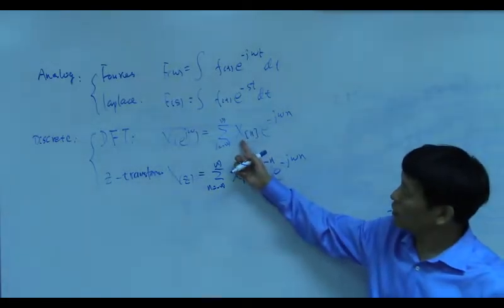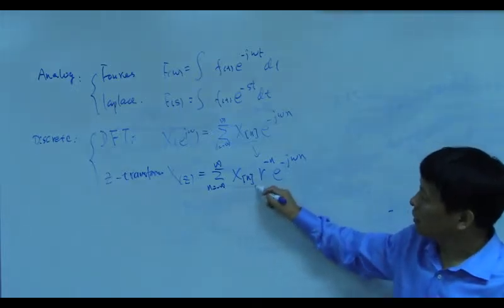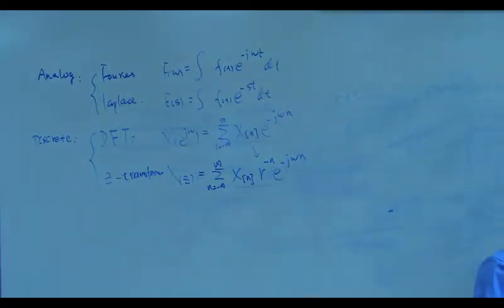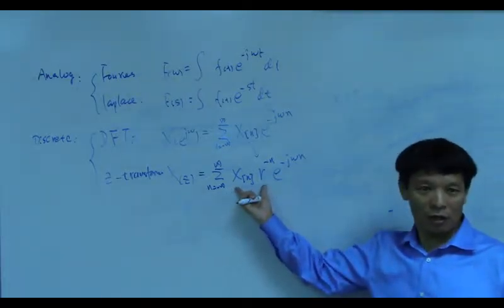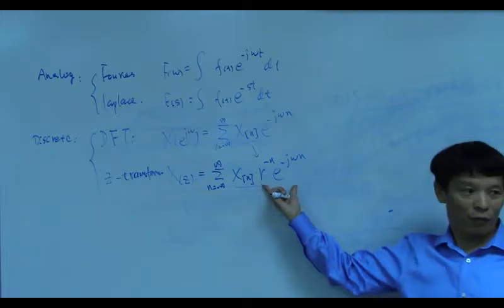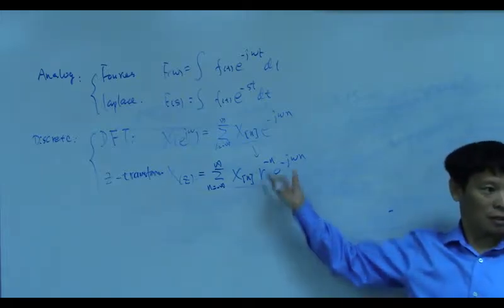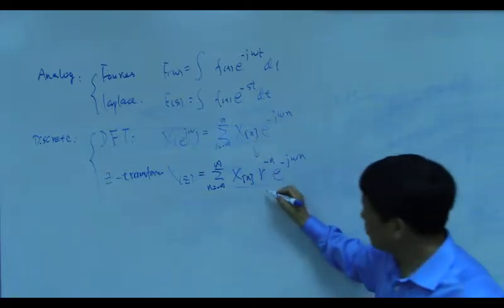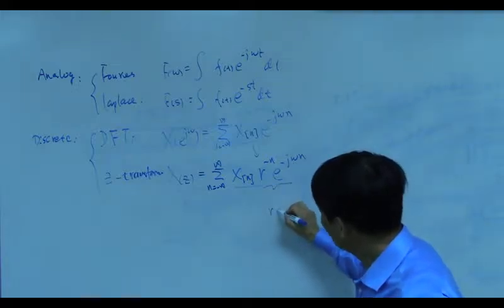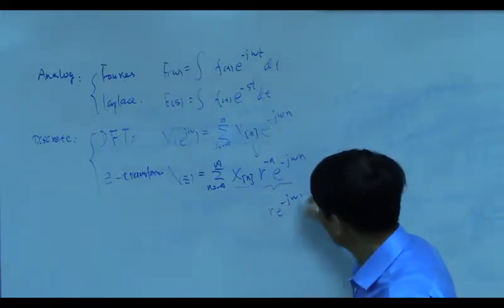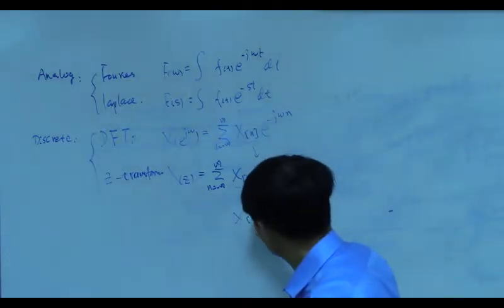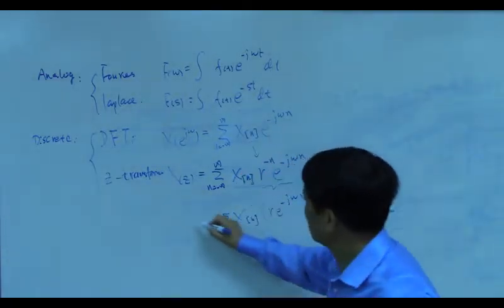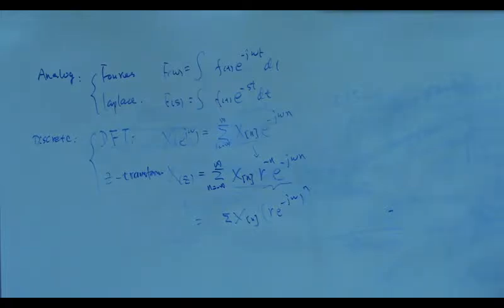This is the definition, but when we calculate, I want to combine these first, just like in the Laplace transform. So this part will be r e to the j omega, to the n.